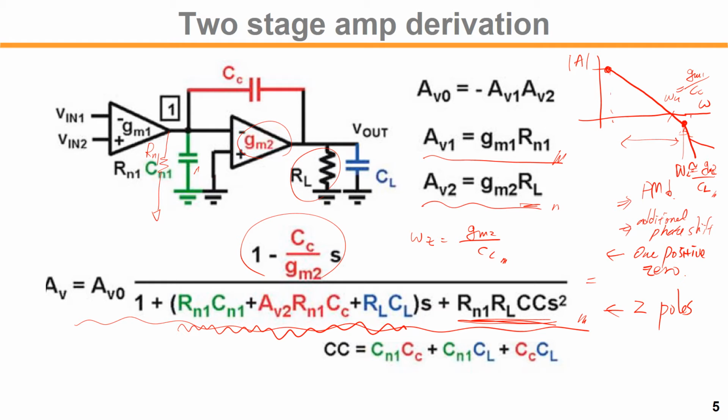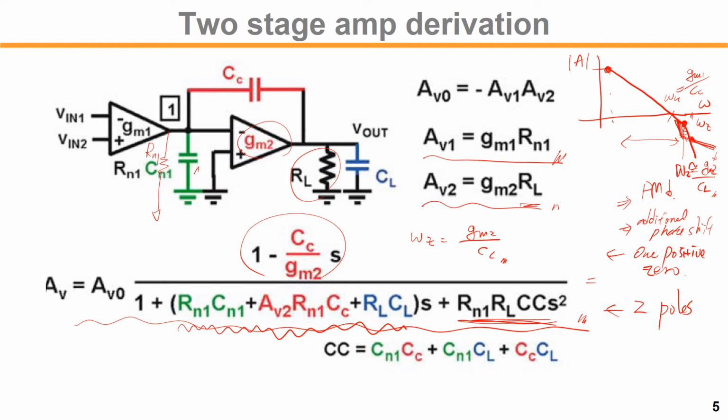So going down, going up, so the zero here, omega z. Considering CN1, the effective GM2 will go down, so omega 2 location can vary. It may be a little higher or lower.